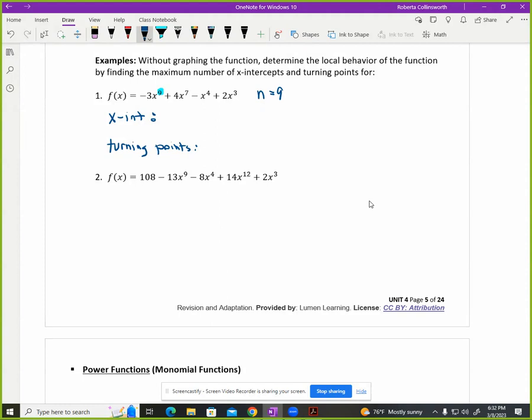So I can have at most 9 x-intercepts. That means I could have less than that. I could have 8, 7, 6, 5, 4, 3, 2. Turning points is going to be at most 9 minus 1, which equals 8 turning points.